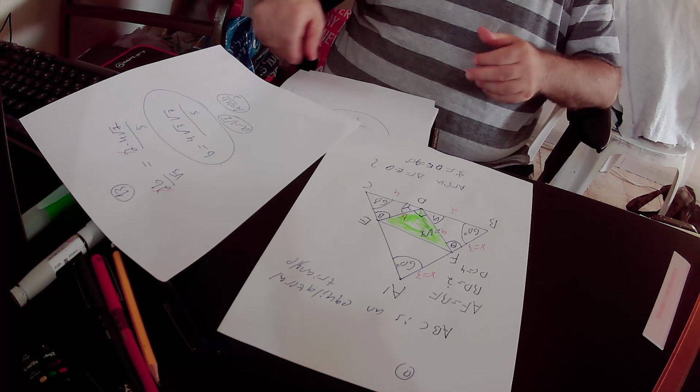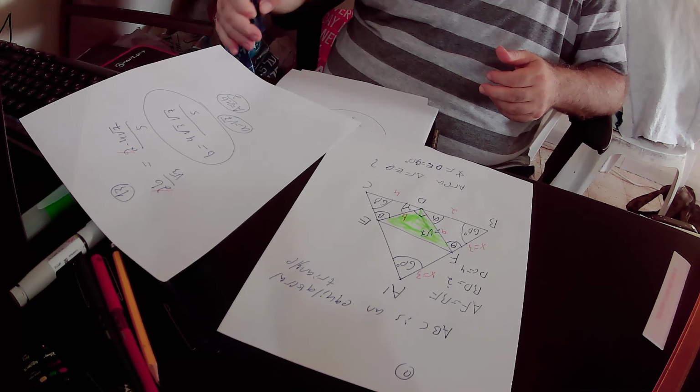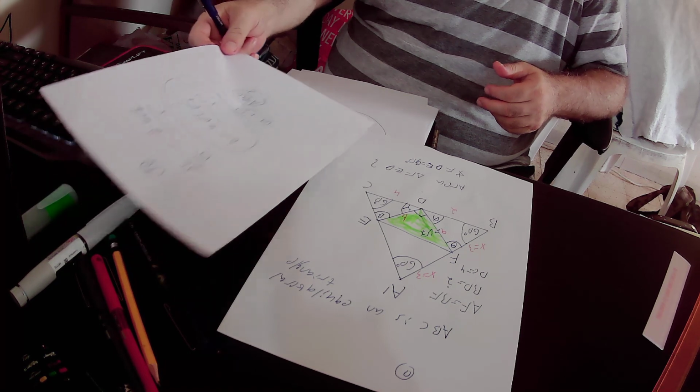So the area of a triangle equals A times B over 2.